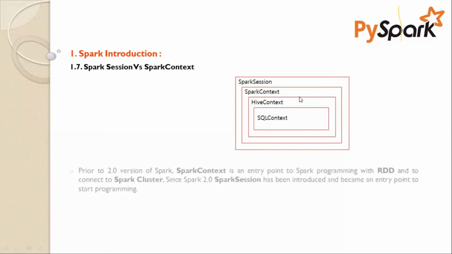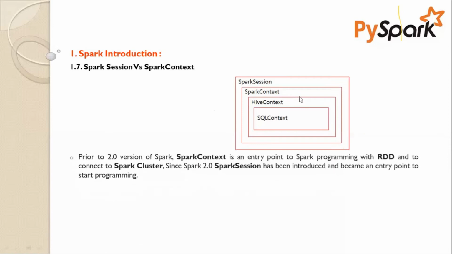If you read this text here, prior to the 2.0 version of Spark, Spark context is an entry point to Spark programming with RDD and to connect to the Spark cluster. This we already discussed. One important point of Spark context is to connect to a Spark cluster and get the resources. We can also use Spark context to create an RDD.